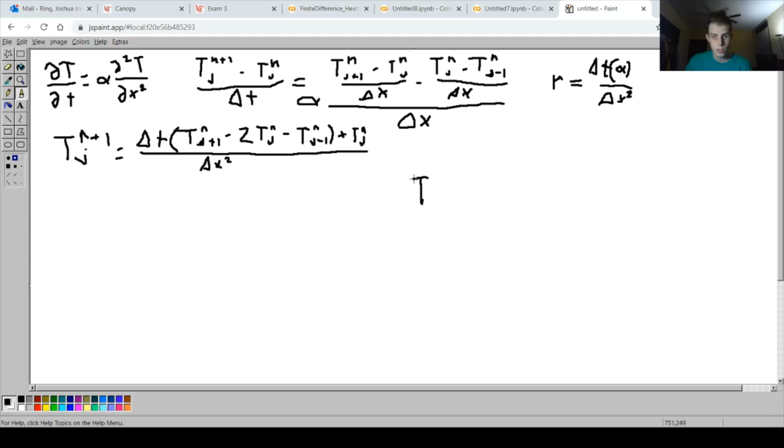So we have our T n plus 1 j. Obviously that stays the same since that's what we were trying to keep by itself. And that is going to be set equal to T n of j, plus our new variable r multiplied by the exact same stuff in the parentheses: T of n j plus 1, minus 2 of just normal T n j's, and then finally plus T n of j minus 1.